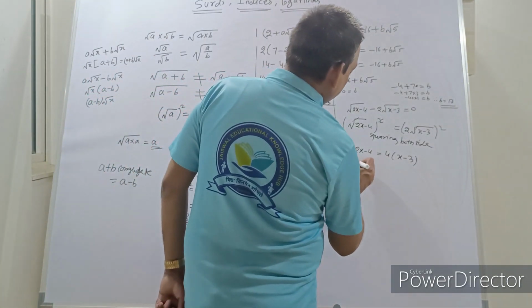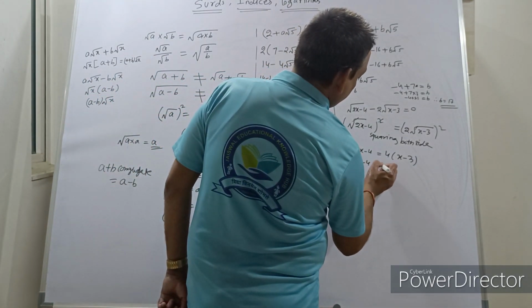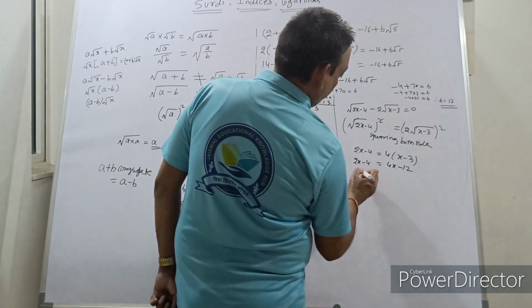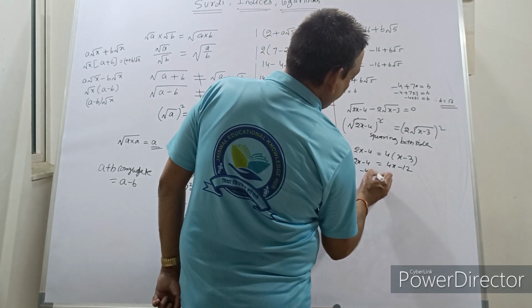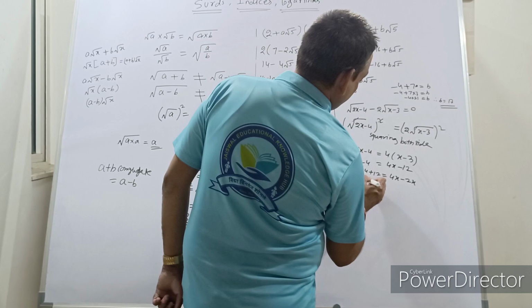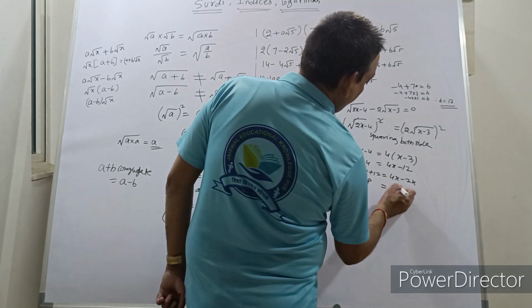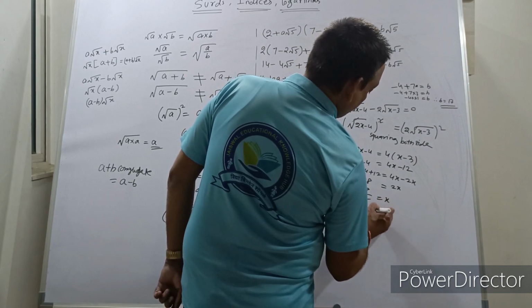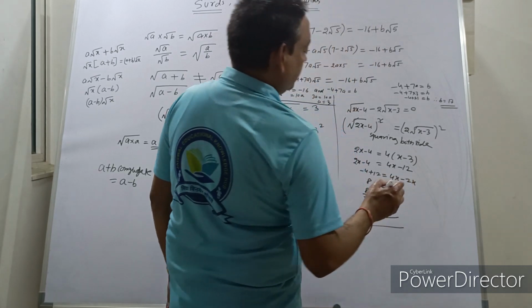So now 2x minus 4 is equal to 4x minus 12. So now minus 4 plus 12 is equal to 4x minus 2x. So 8 is equal to 2x. So 8 upon 2 is equal to x. So x is equal to 4 is the answer of this.